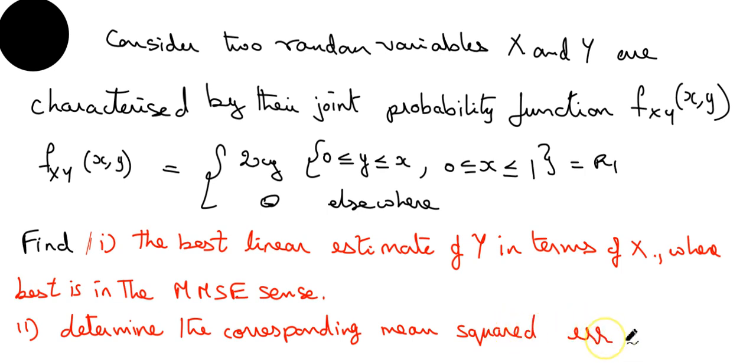So we need to do two things with respect to solving this problem. One is we need to find the best linear estimate of y in terms of x, and then determine the corresponding mean squared error.